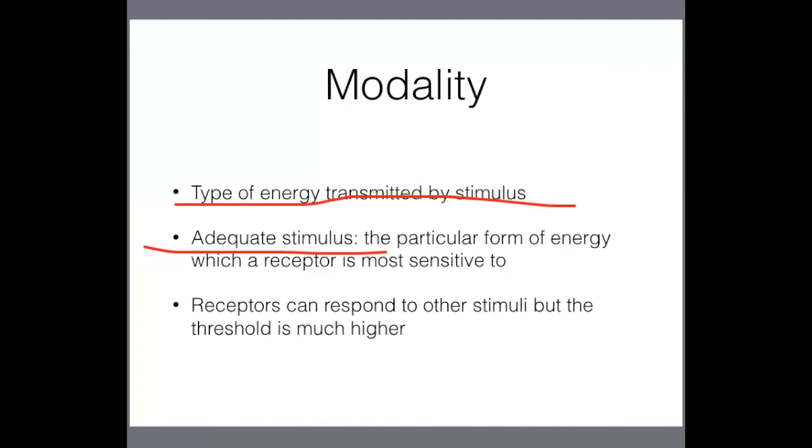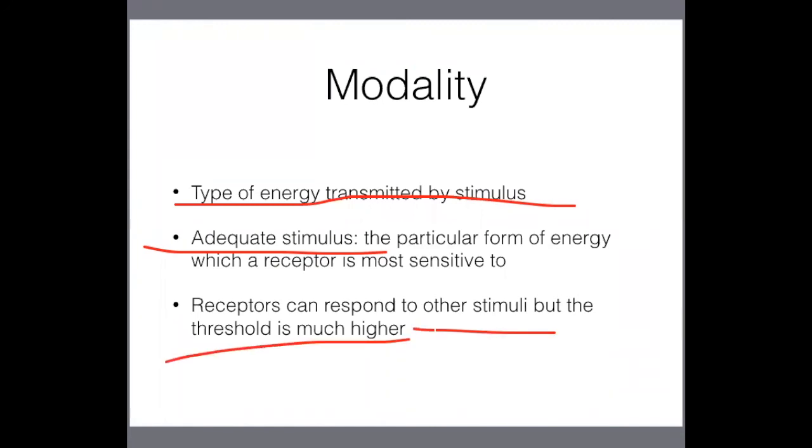So each receptor has a specific form of energy it responds to. Can I repeat? Sorry. What I basically said was that there's something called adequate stimulus. The idea of an adequate stimulus is that a specific type of energy is what the receptor is most sensitive to. So a receptor's threshold is met easily by only one type of energy. But that doesn't mean the receptor never responds to any other type of energy. It can respond to other stimuli, but the threshold is much higher.